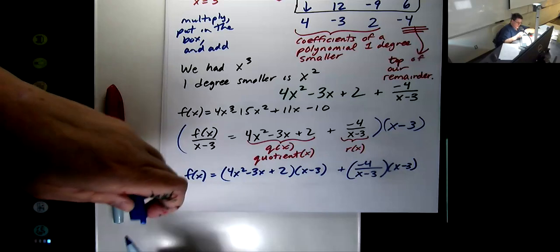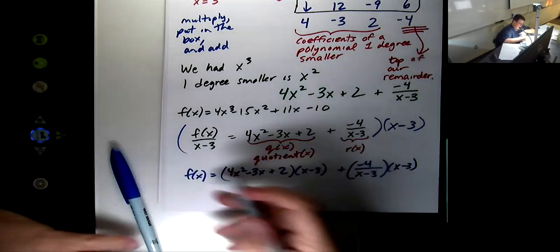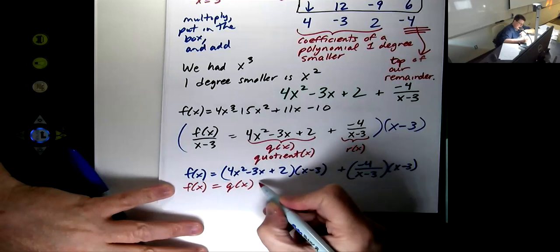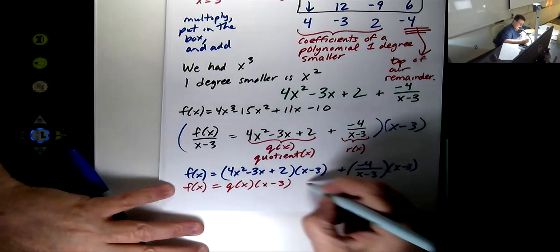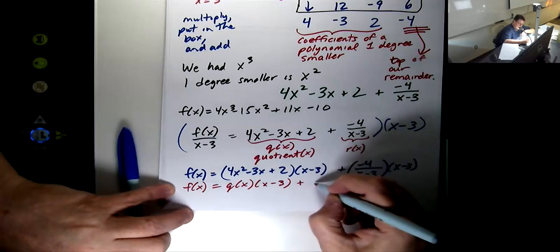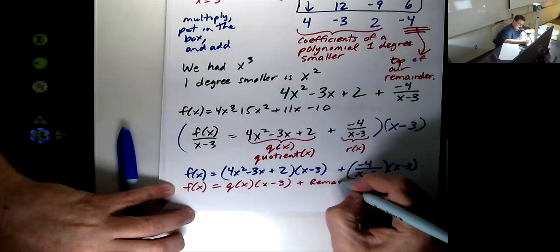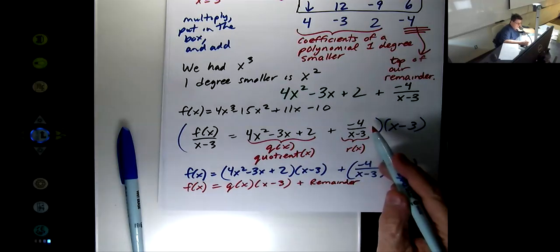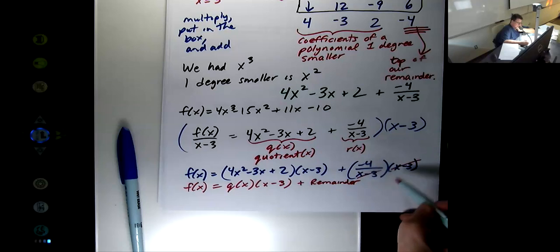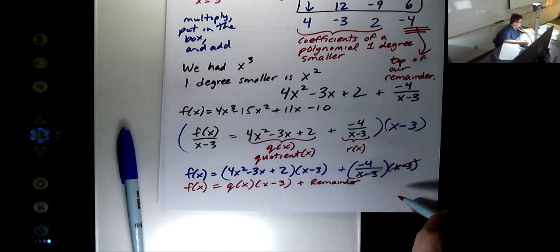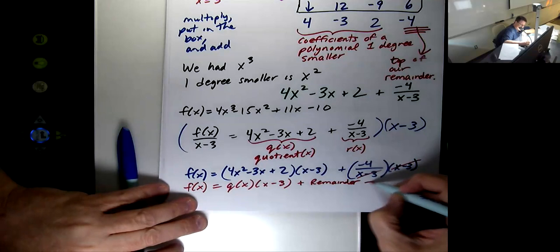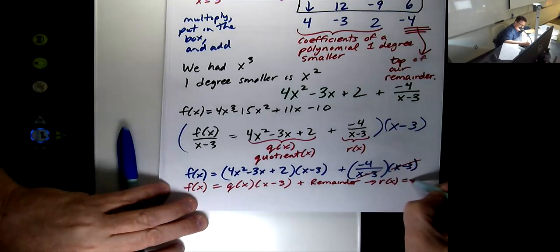And if I write that in terms of q of x, this is f of x equals q of x times x minus 3 plus the remainder. Just the -4. That clears out and it's just the remainder. So that's usually what they call r of x, the -4, not the x minus 3 part.